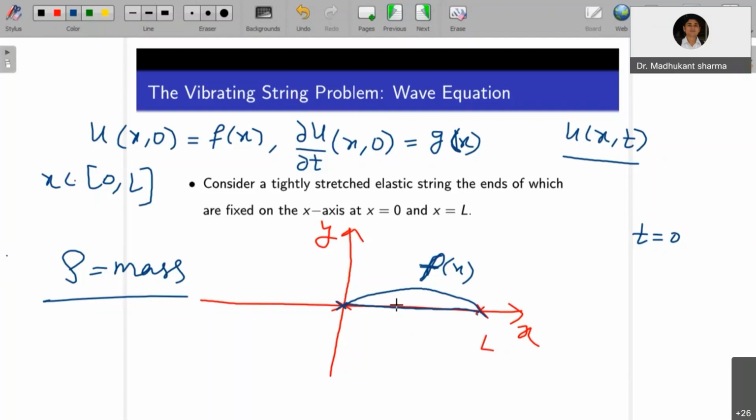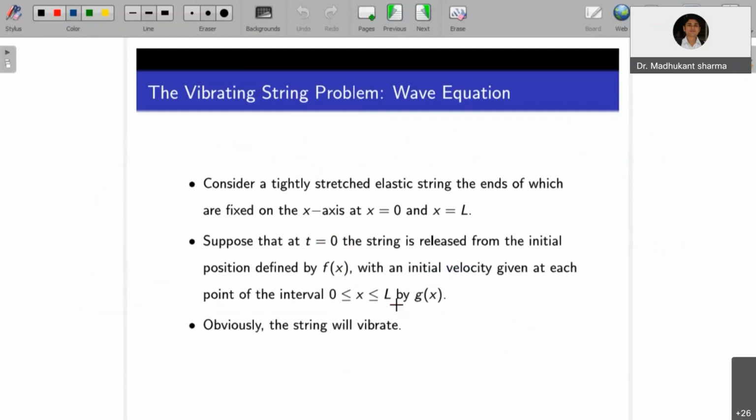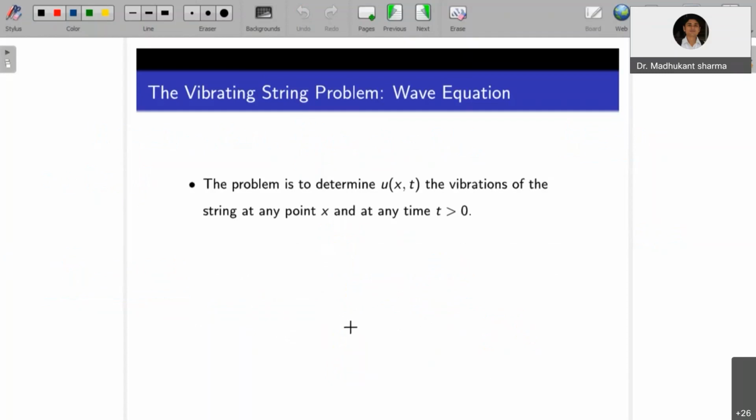Then we will start. So let's see what more assumptions there are. When you leave it with initial velocity, that string will certainly vibrate, and the problem is to determine the vibration of the string at any point x and at any time t greater than 0.